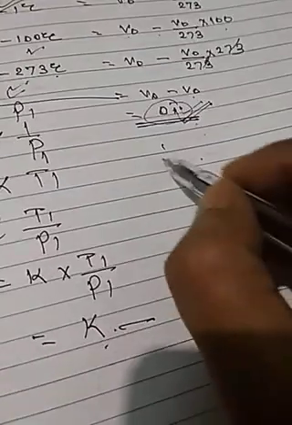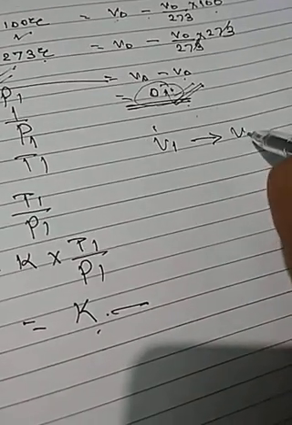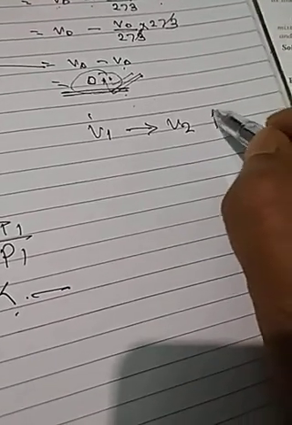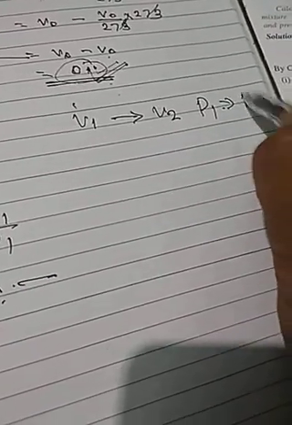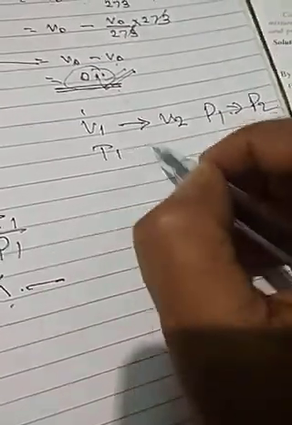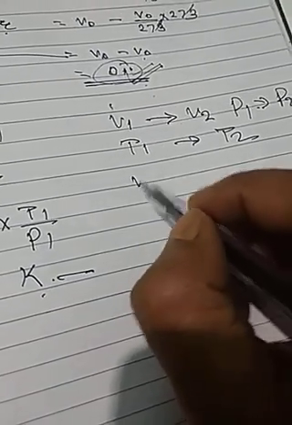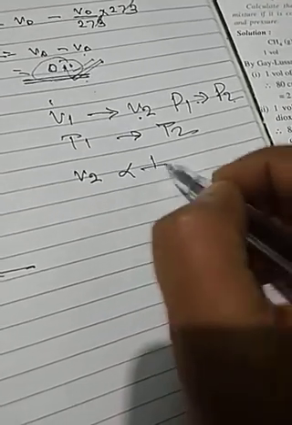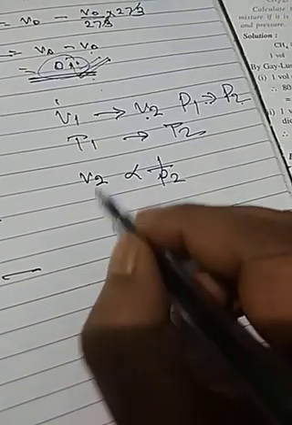Now if we change any one of the factors, suppose V1 is changed to V2, obviously the other two will change: pressure P1 will change to P2 and temperature T1 will change to T2.